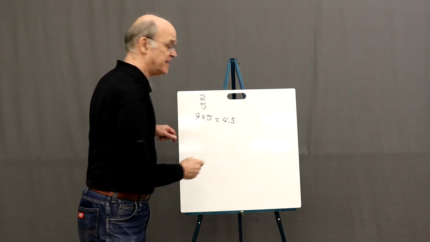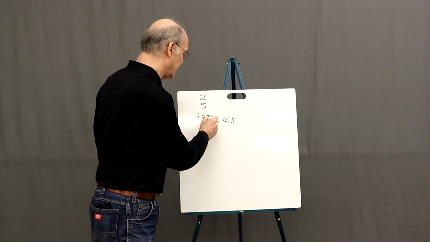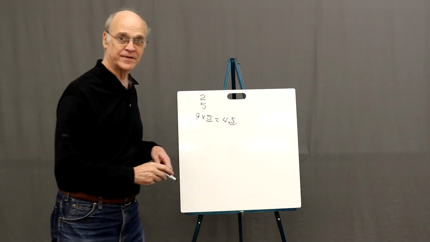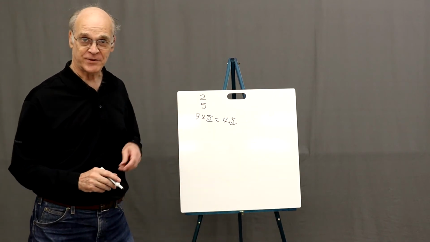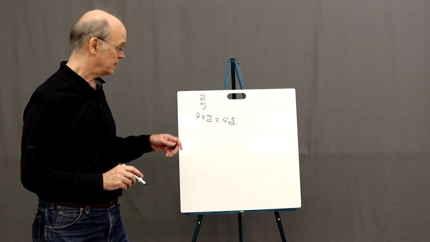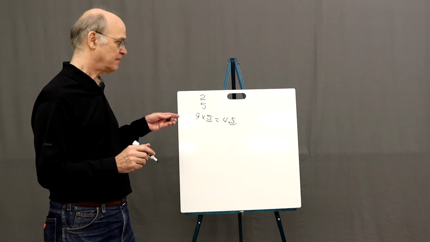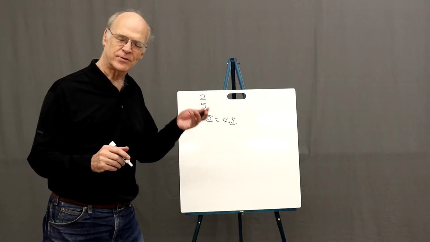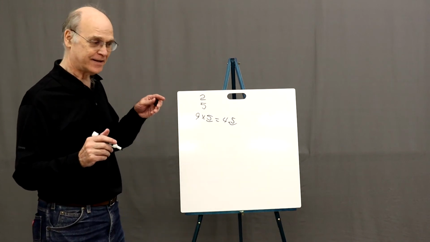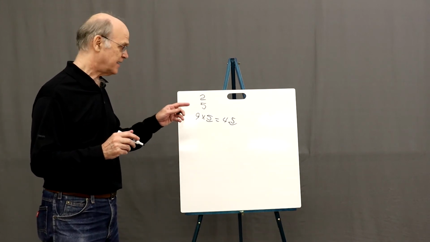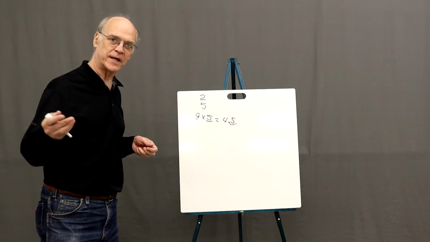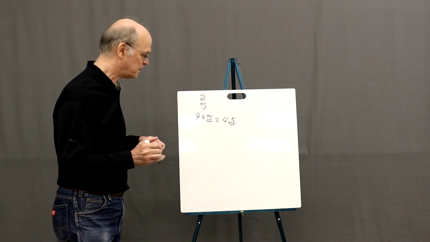Half of 9 is 4.5. Well, if I took this over there and took that over there, I'd have 9 times 5 is 45. Doing half of 9, 4.5, is different than doing 5 times 9 is 45. And that gets me excited, and I'm hoping it gets you excited as well.